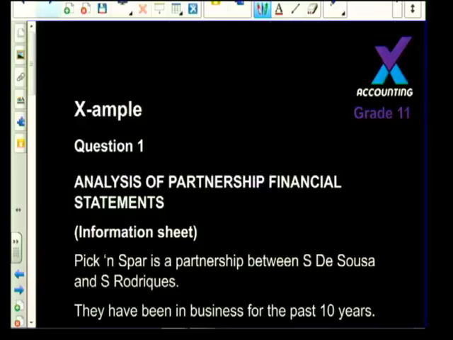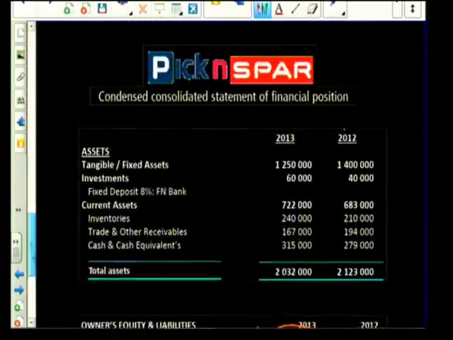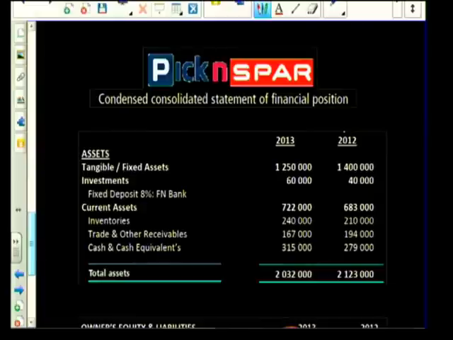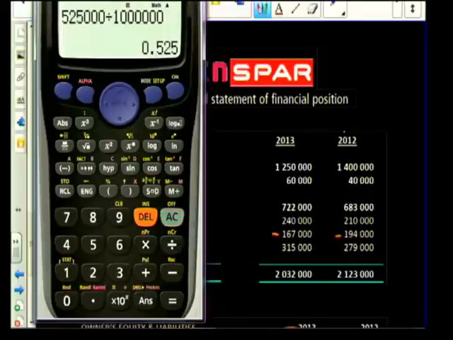Remember that at the top we need average debtors. We're going to find our average debtors in our balance sheet as our trade and other receivables. If you don't have all the information, you can normally use trade and other receivables as your average debtors, because debtors control makes up a big part of trade and other receivables. To work out the average, we take our trade and other receivables for 2013 and for 2012, add them and divide by 2, in exactly the same way we did our average inventories when calculating the other ratio.